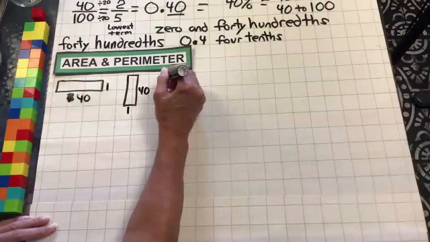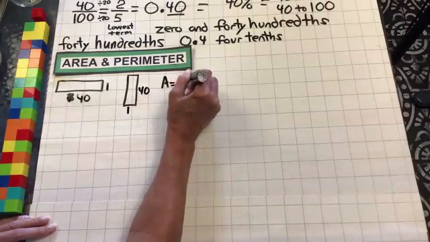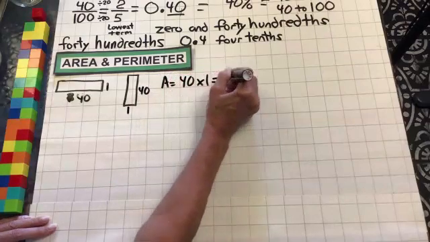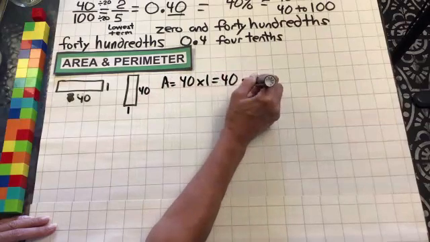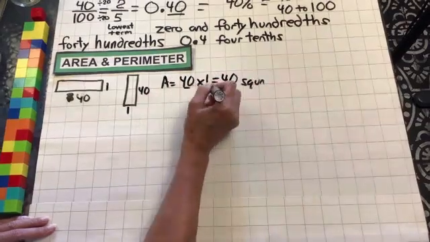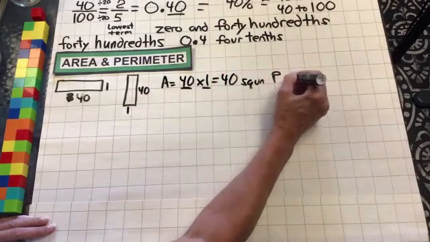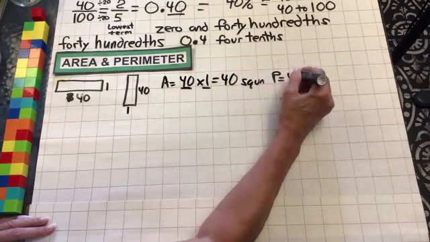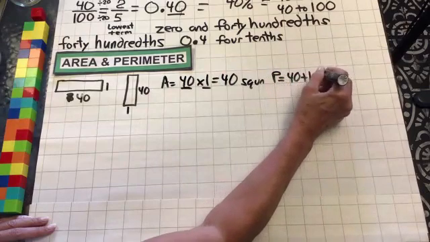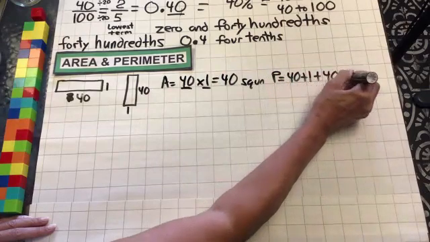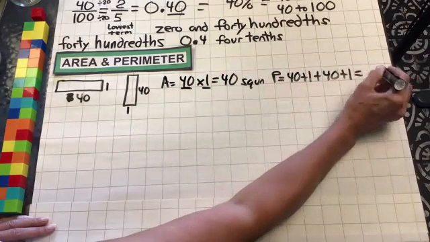So over here, I'm going to write area equals 40 by 1, which equals 40 square units, because it's 2 dimensional. And then the perimeter would be 40 plus 1 plus 40 plus 1, which equals 82 units.